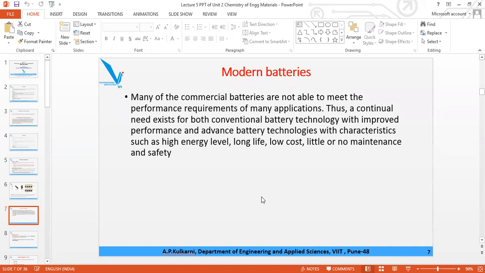That is why modern batteries have a longer life, low cost, high energy levels, and are safe to maintain.